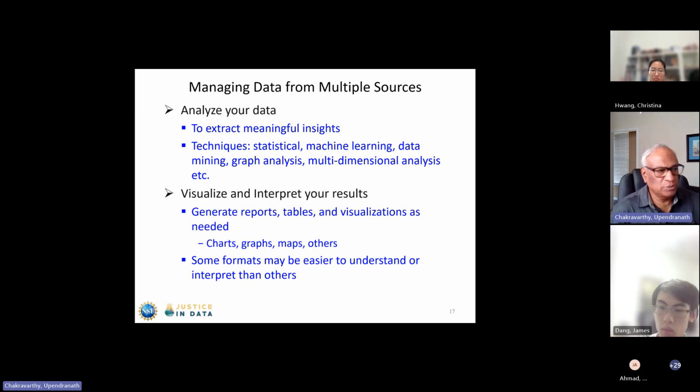For this, you may use statistical methods, machine learning, data mining, graph analysis, whatever tool is appropriate. Visualize and interpret your results. This is becoming more and more popular because of the size of the data sets, and it also makes things much easier. You can generate reports, tables, and visualizations as needed. You can use charts, graphs, maps. Some formats may be easier to understand than other kinds of formats.